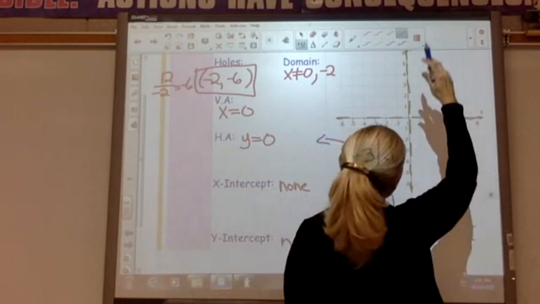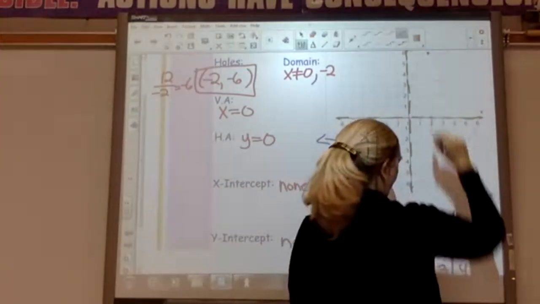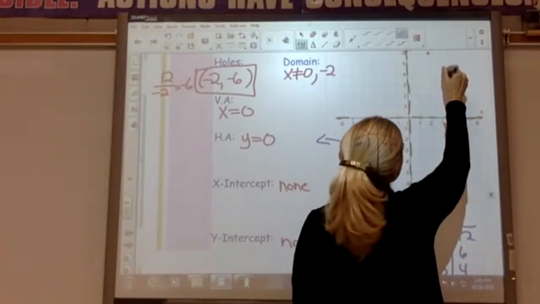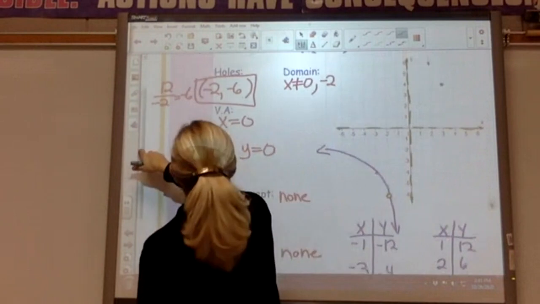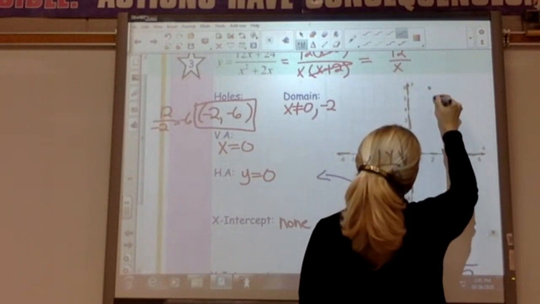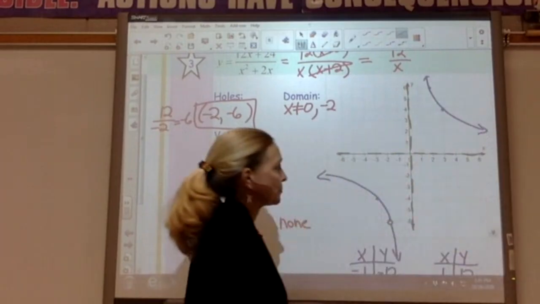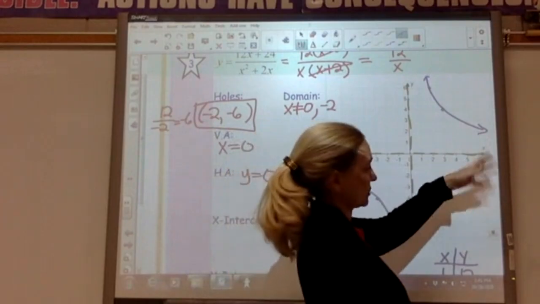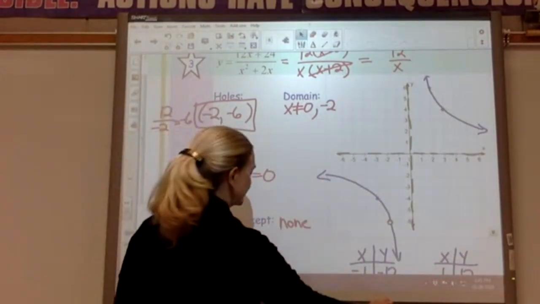And then 12 runs off, and then I have 2, 6, and 3, 4. So doing the same thing. It probably wouldn't hurt to pick another number like 5 or 6 to see what that is to make it look more accurate. But that's it.